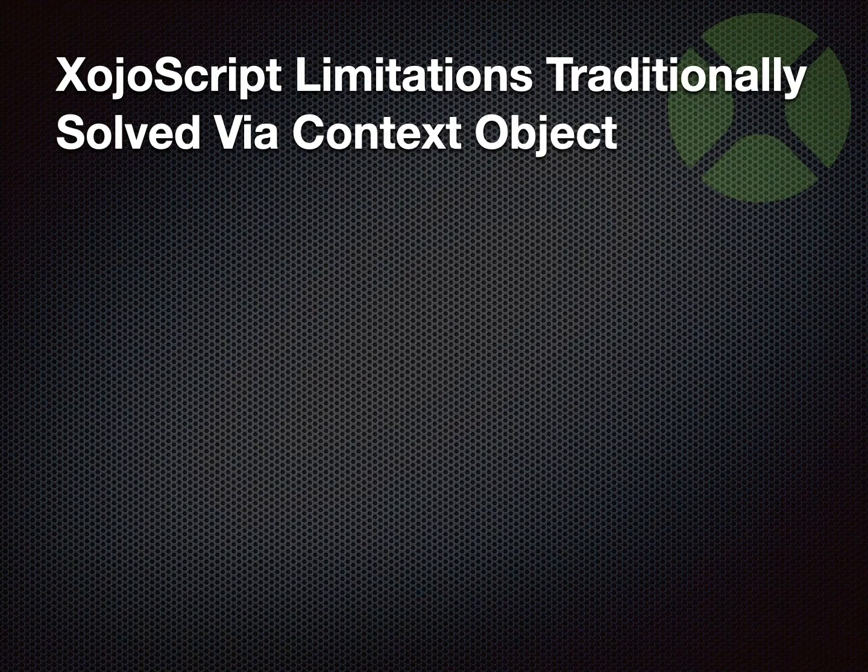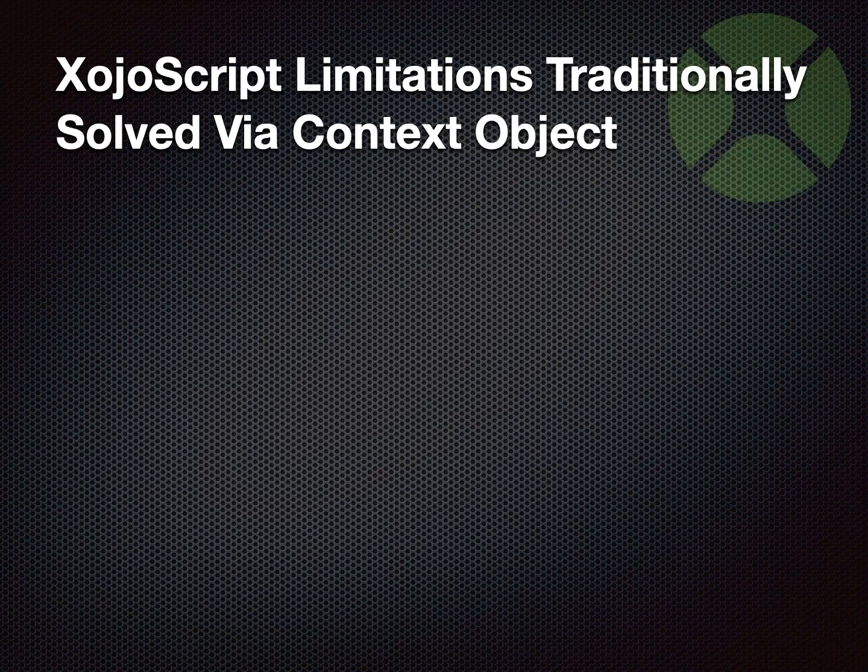It has its own little world, its own little planet. Whatever it does, it knows about itself. It doesn't know anything about the actual main Xojo app that it is part of. The reason they do that is so that the XojoScript itself cannot mess up your app, right? It can't change some variables or rewrite data or do anything like that.